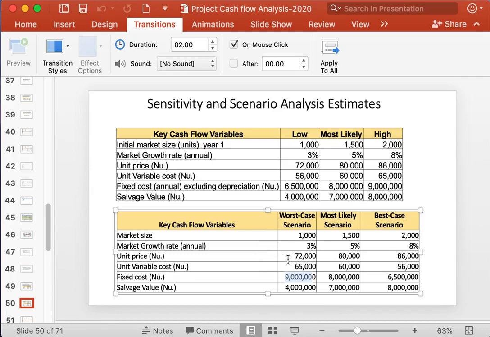Like for example, market size is kept low, market growth rate is kept low, but unit variable cost is increased, fixed cost is increased, salvage value is decreased.